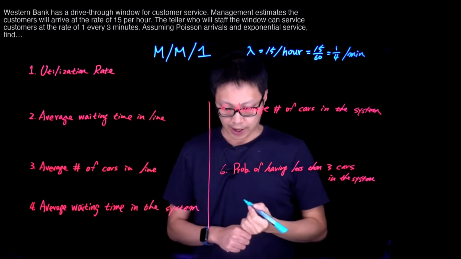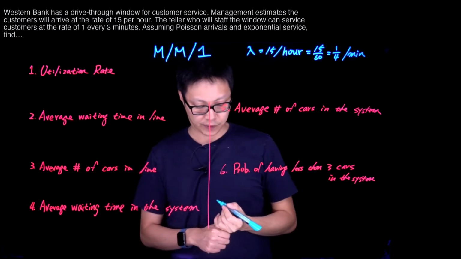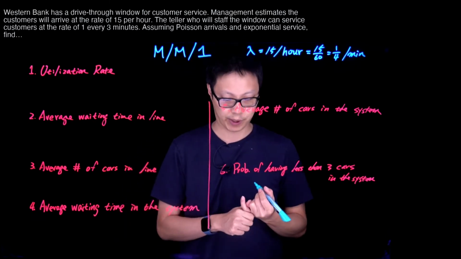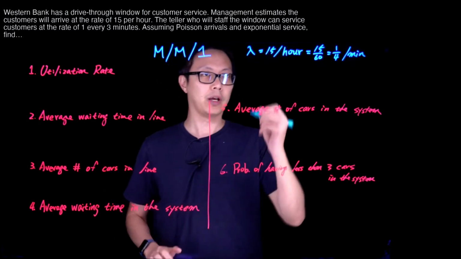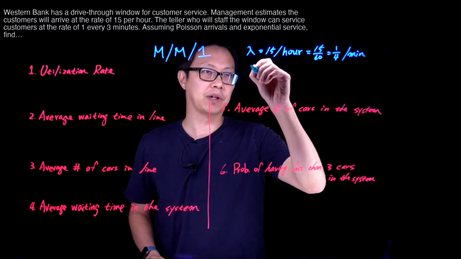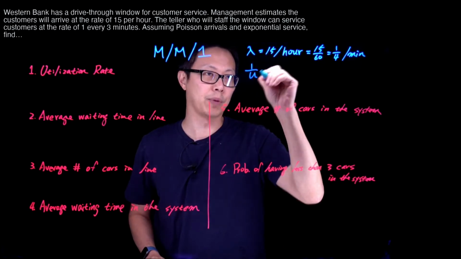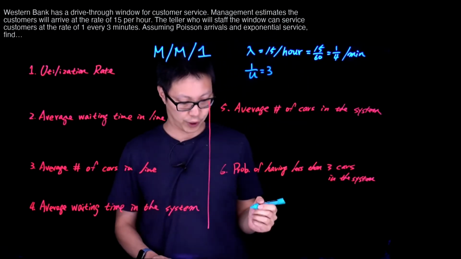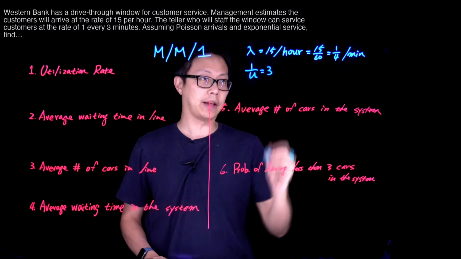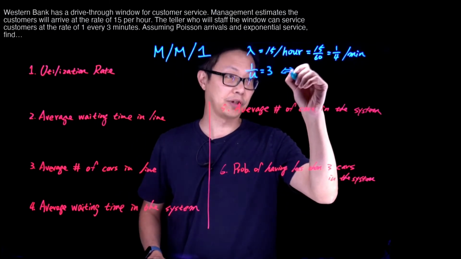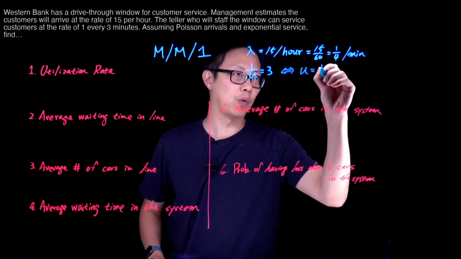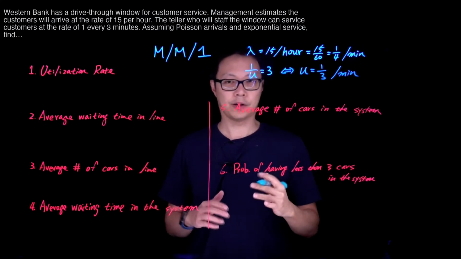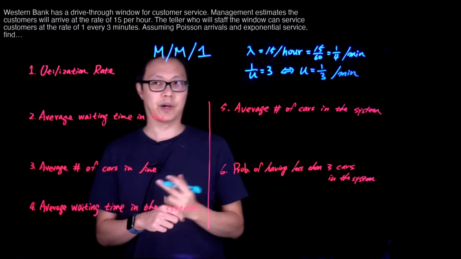We also see that the service time is 1 every 3 minutes. So every 3 minutes, I will be able to serve 1 customer. We don't have the service rate here, we have the service time. Service time is 1 over mu, and this is equal to 3. In other words, our service rate, mu, is 1/3 per minute. So I will be able to serve 1/3 of a customer every minute.